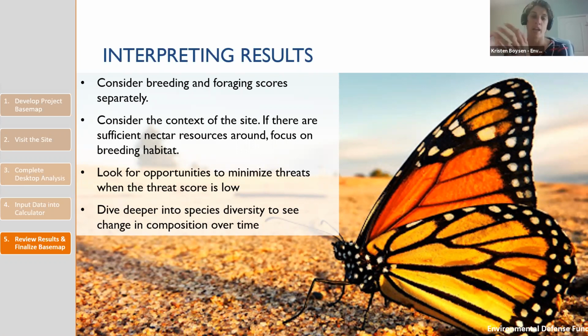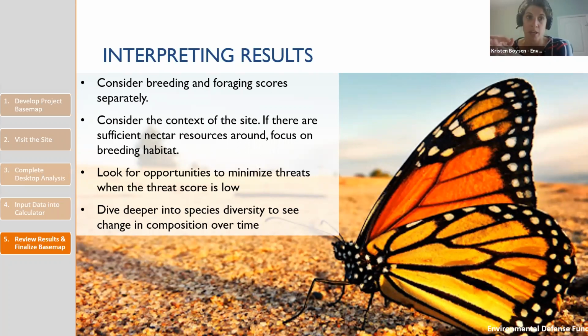So not every site's gonna have both, and if you have great foraging habitat and bad breeding habitat, your score is still gonna get averaged. So if you're planting specifically for one or the other, don't look at the full site score, just look at the targeted one you're working towards.